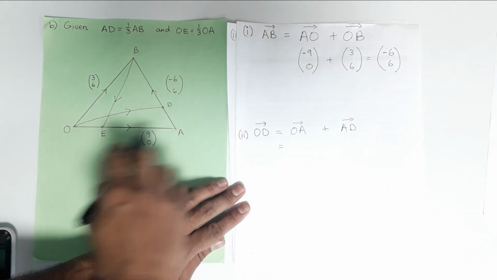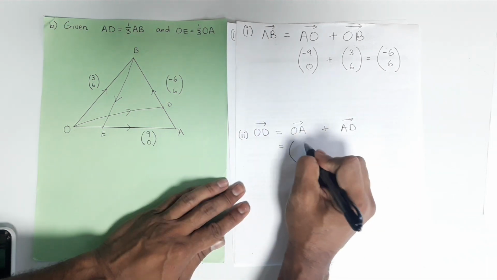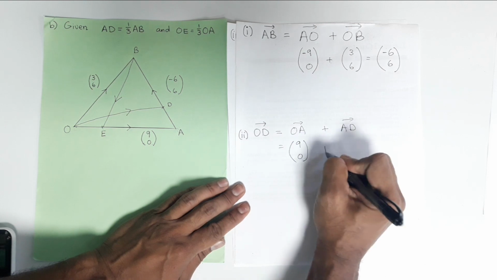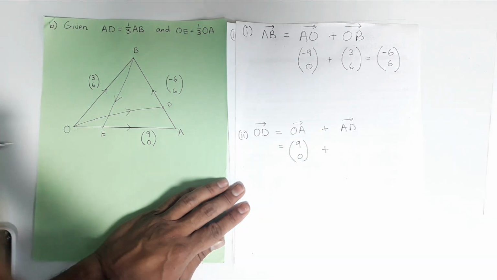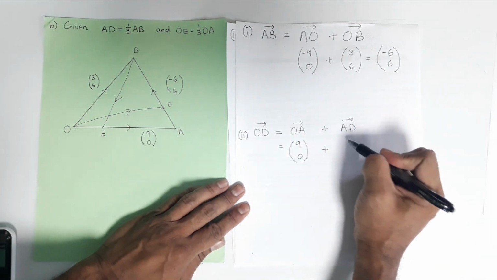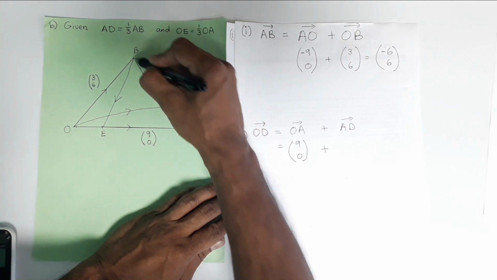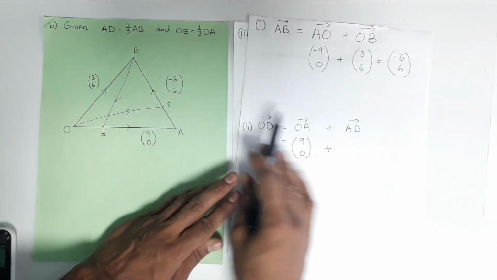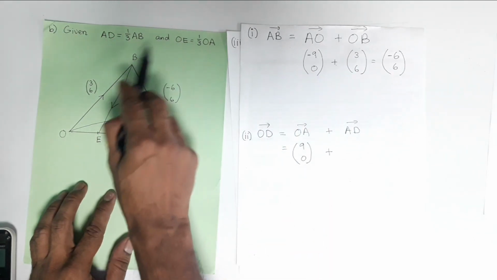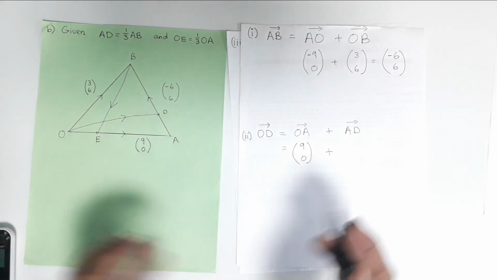OA is with the arrow and the values on the board are 9, 0. We're not changing the sign because we're going with the arrow. And AD, remember the whole line is minus 6, 6. And AD is 1/3 of the entire line.